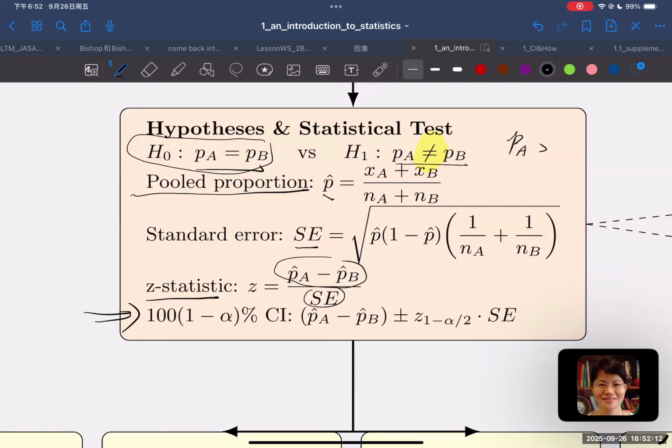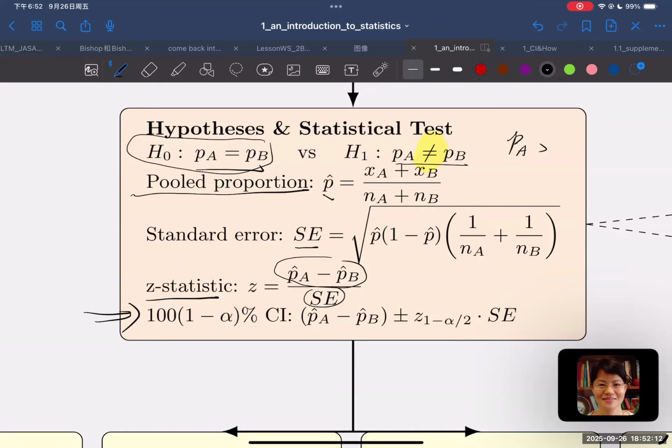In such a situation, if you calculate the p-value, what does the p-value usually mean? P-value means the probability of a test statistic. Remember, such a test statistic is a function of your random sample, right?